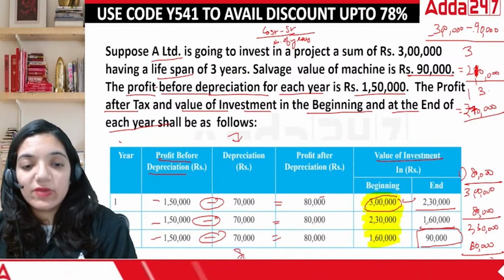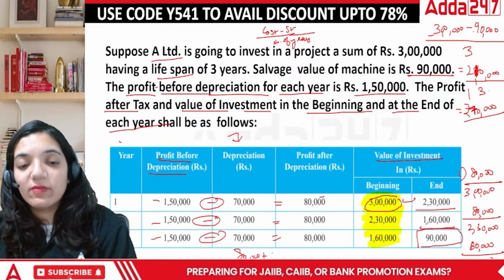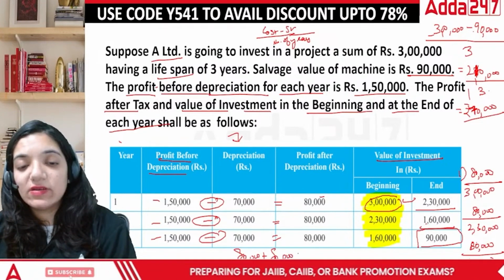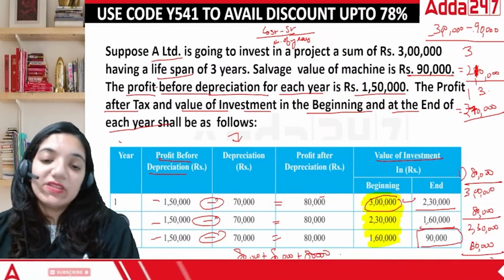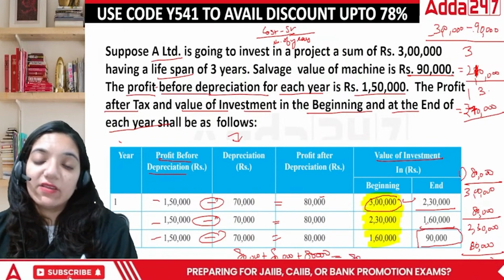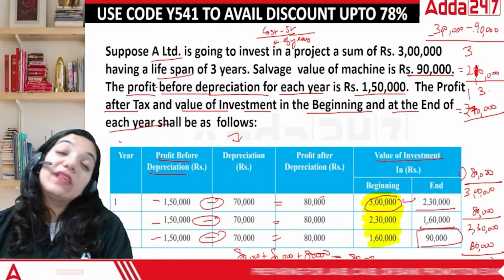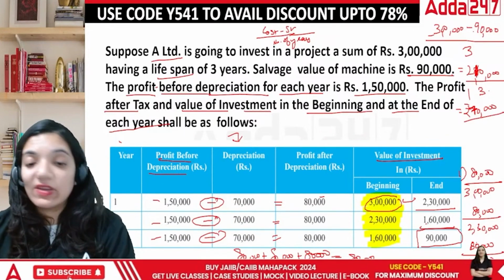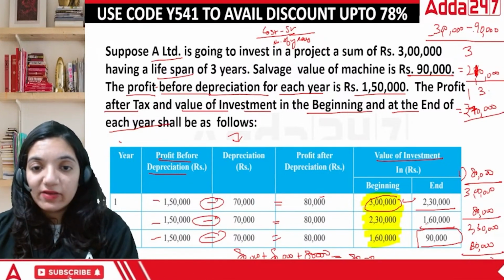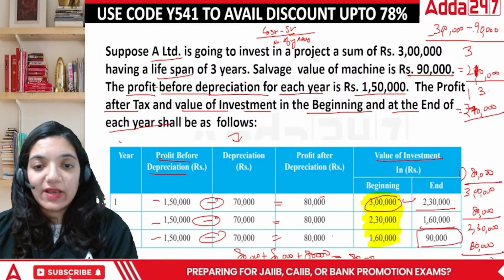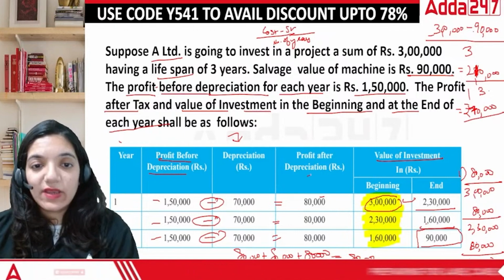It is going to be 80 plus 80 plus 80 divided by 3. That means my average profit is 80,000 and divided by the initial investment that you have made, that is 3 lakh rupees. So this would be 80,000 divided by 3 lakh. Acha, writing it over here now, everyone.